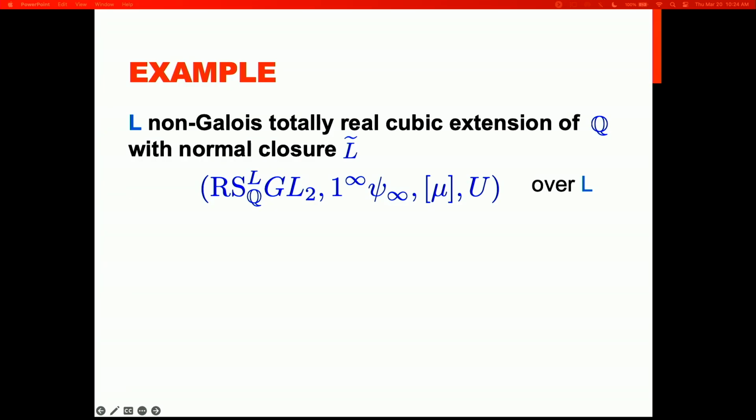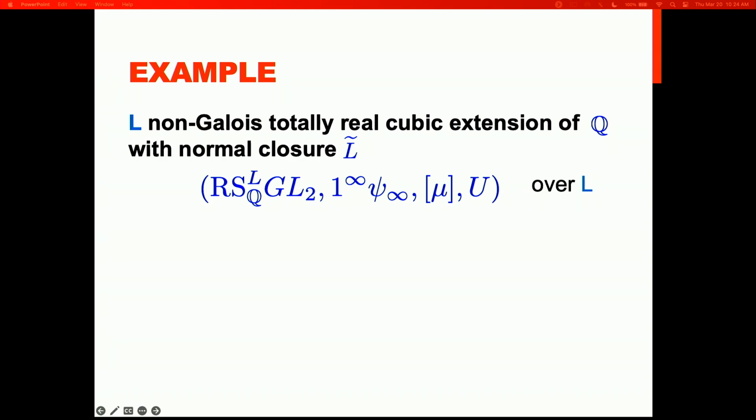The first thing, it only matters up to inner form, so let me just take the restriction of scalars from L to Q of GL2. And then I need a co-cycle, which I'll write down in a minute. Let me take it trivial away from infinity, because these quaternion algebras were only ramified at infinity. And a class I'll write down in a moment at infinity.